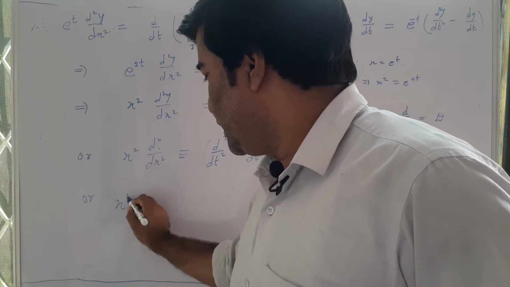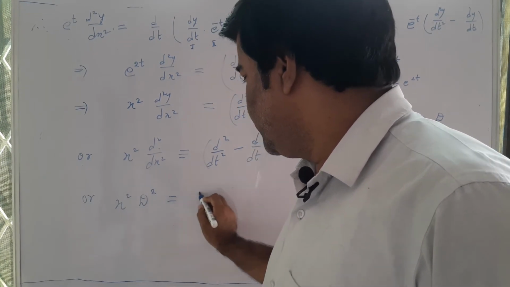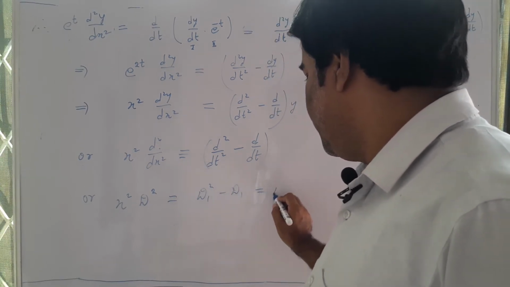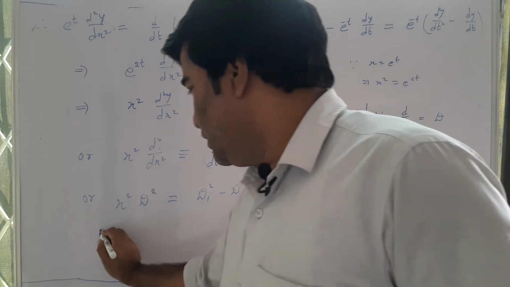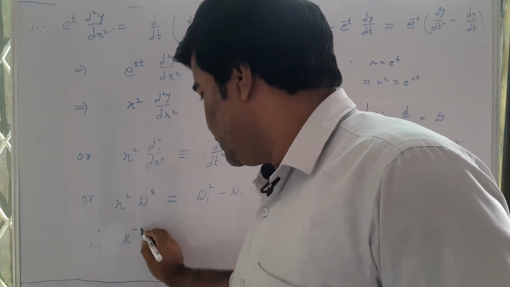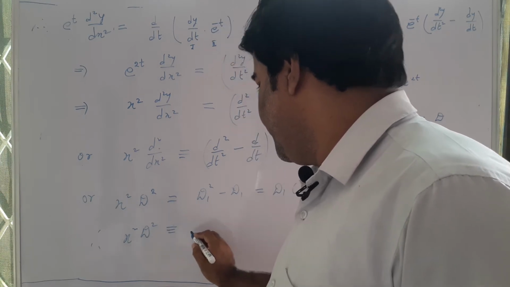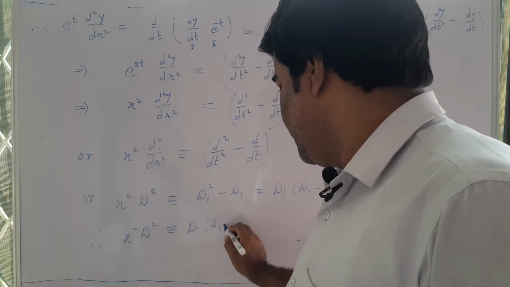So this is x square D square is equal to D1 square minus D1, or D1 is common, D1 into D1 minus 1. Therefore x square D square is equal to D1 into D1 minus 1.